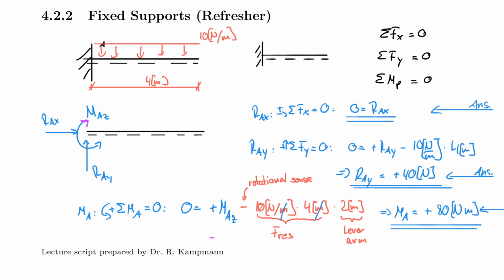Then I would have ended up with a minus MAZ in this equation here, and I would have found that I end up with a negative here, so this would be negative 80. I encourage you to really think about how this equation would make this negative. And when that is negative, it doesn't mean it's turning clockwise. It actually means I assumed this arrowhead incorrectly, therefore I need to turn it around.